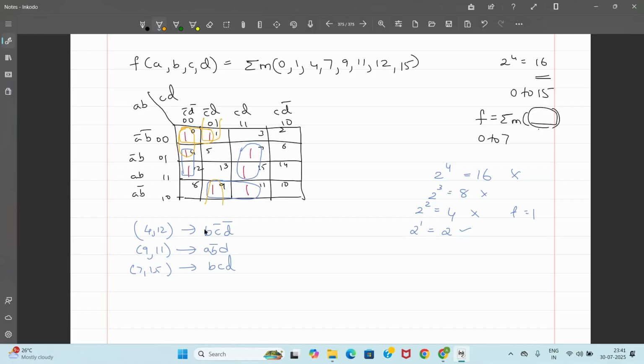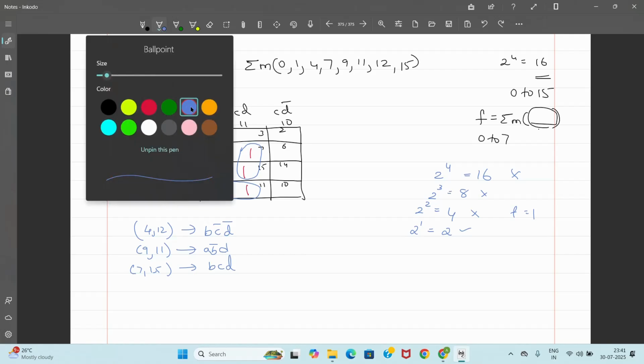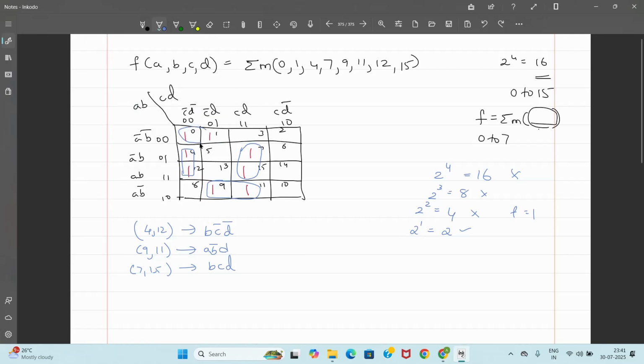You also have an option here of covering 11 and 15. But out of all these options, I'll cover these two, 0 and 1. I'll tell you why I am taking only this option and I'm not going for 0, 4 or 1, 9.